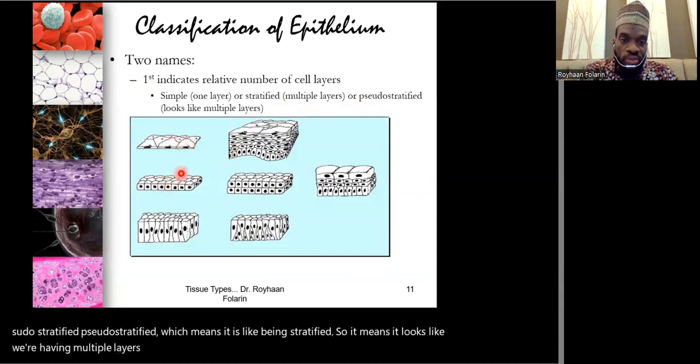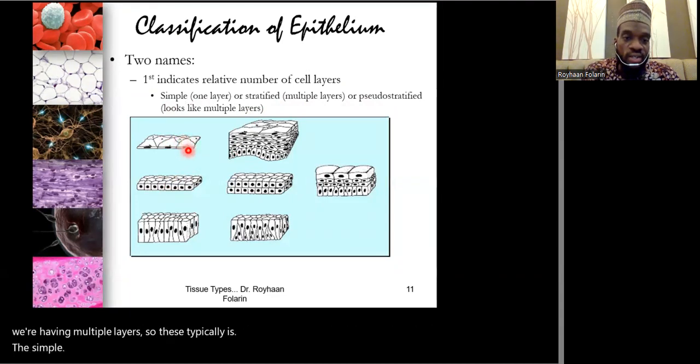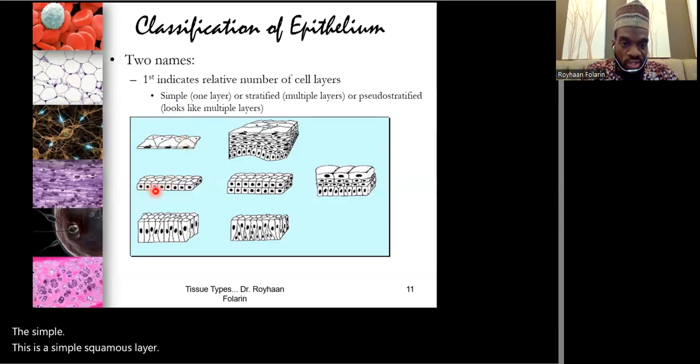So this is a simple squamous layer, right? This is a simple cuboidal, this is a simple columnar, right?